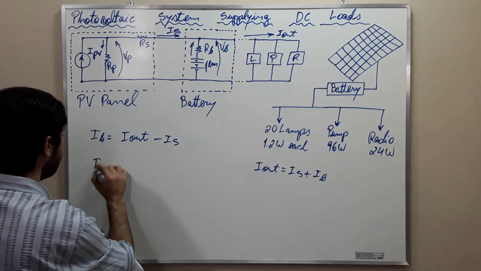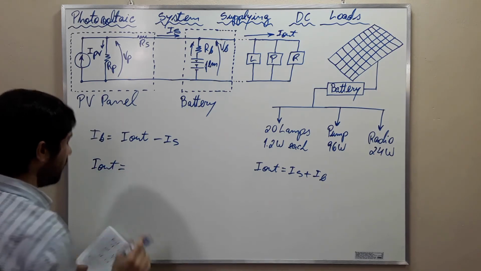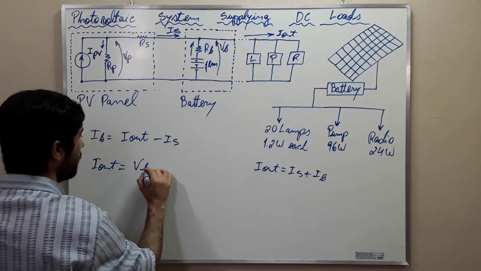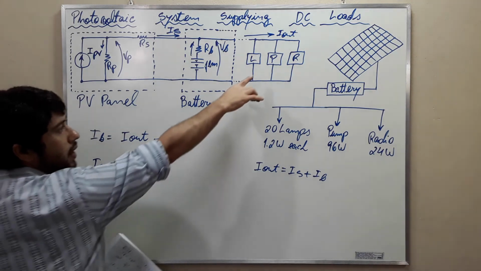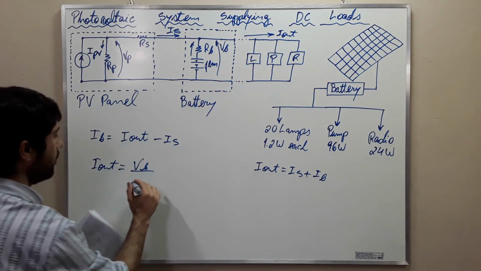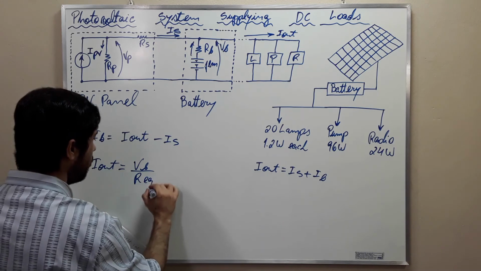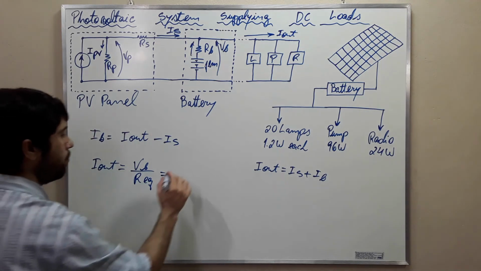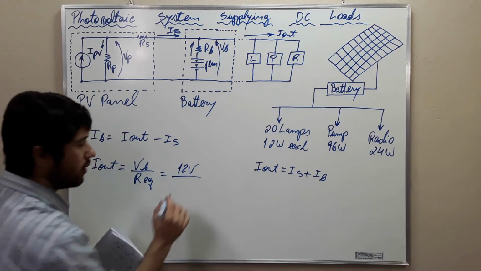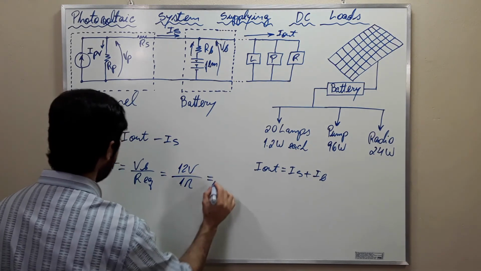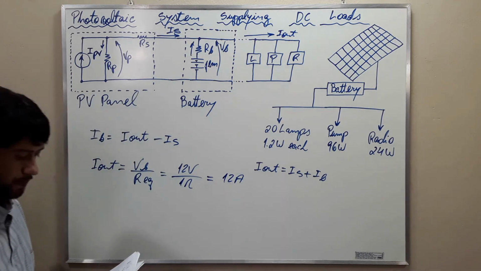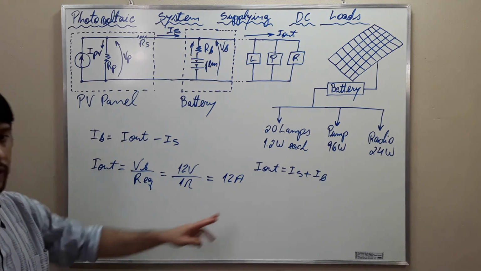I out is going to be equal to the voltage here, VB, divided by the equivalent resistance that we calculated in letter A, which is R equivalent. VB is 12 volts and R equivalent is 1 ohm. Then I out is 12 amperes. Are you guys understanding everything?